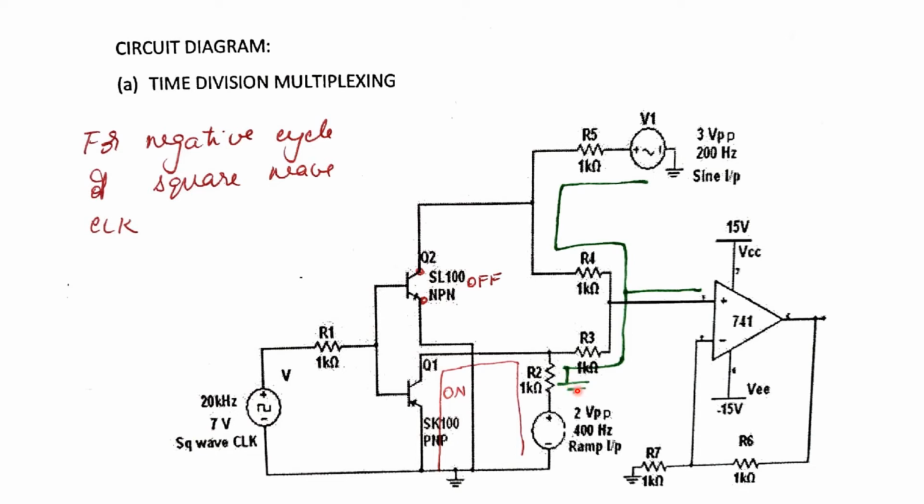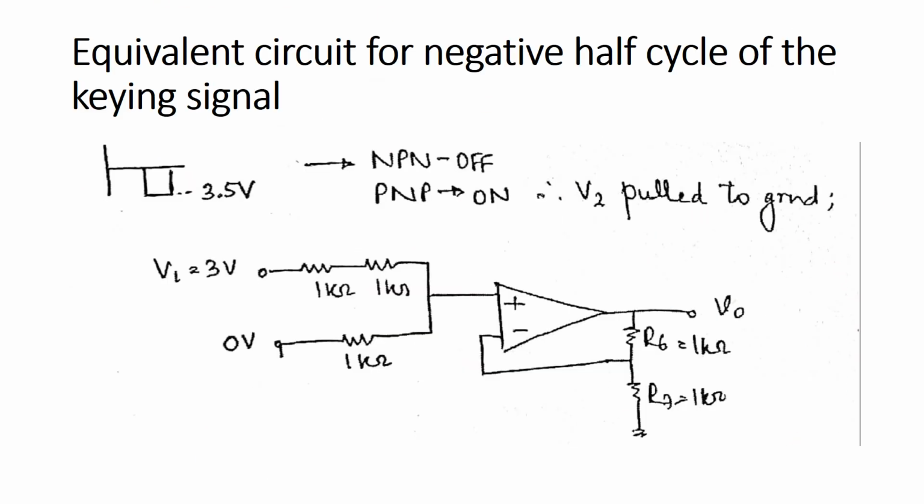The other terminal of R3 is grounded, at ground potential. This is the equivalent circuit for the negative half cycle of the keying signal. For the negative half cycle of the keying or clock signal, the voltage is minus 3.5 volts.